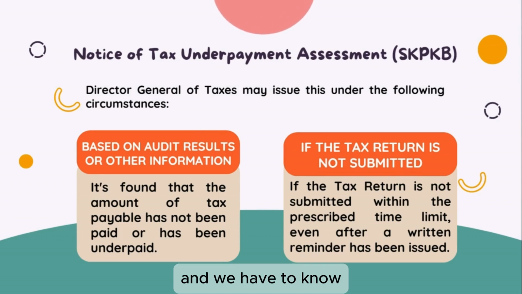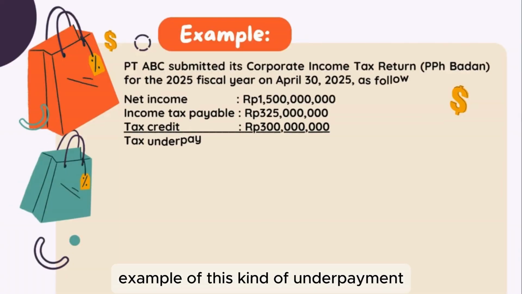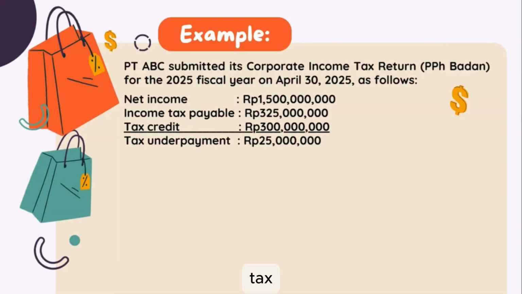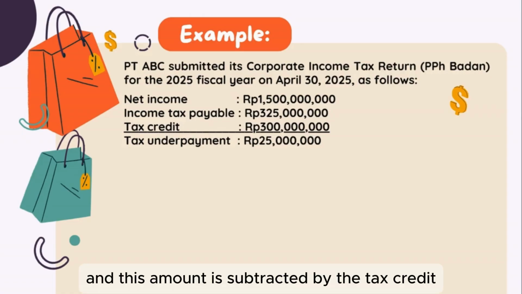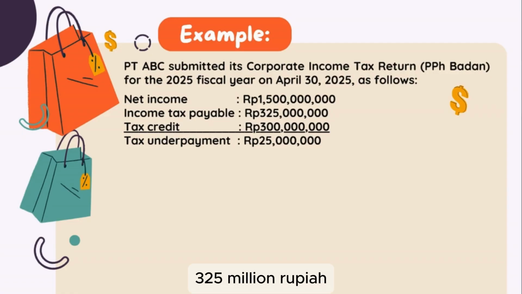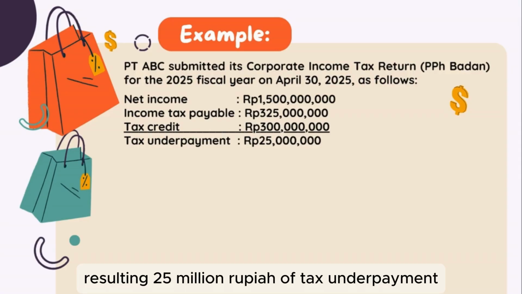And we have to know the example of this kind of underpayment tax. So let's look at the example. The tax payable was initially 350 million rupiah, and this amount is subtracted by the tax credit of 325 million rupiah, resulting in 25 million rupiah of tax underpayment.